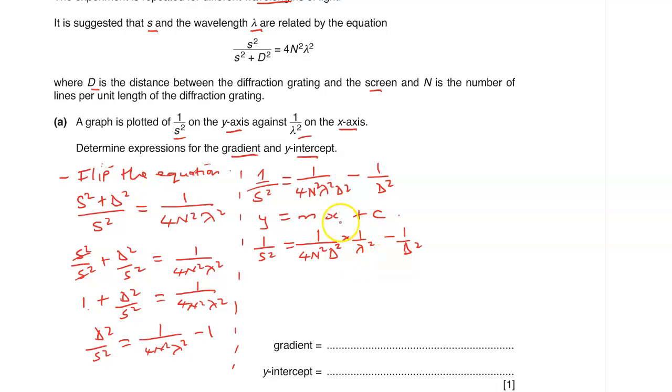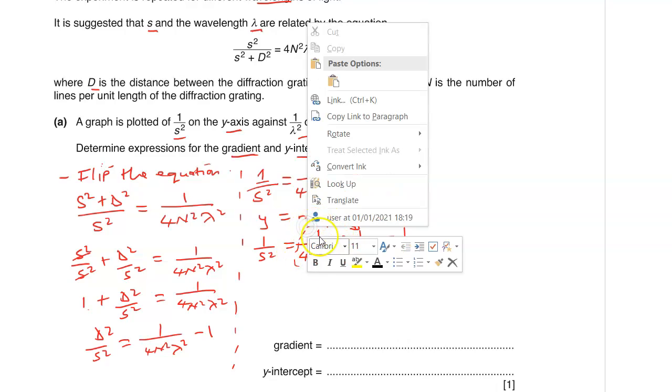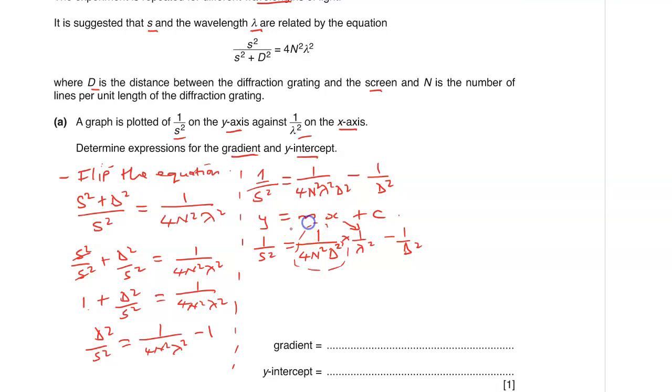So you can see 1 over lambda squared is x. And therefore, the whole of this is the gradient m. So m is equal to 1 over 4n squared d squared, and the y-intercept, which is c, is equal to minus 1 over d squared.